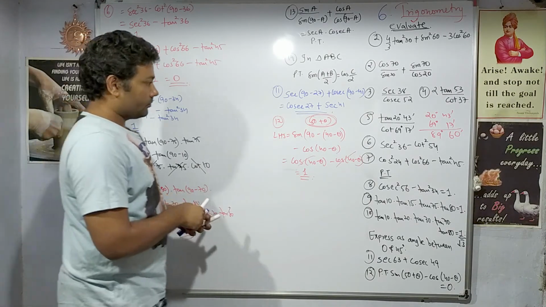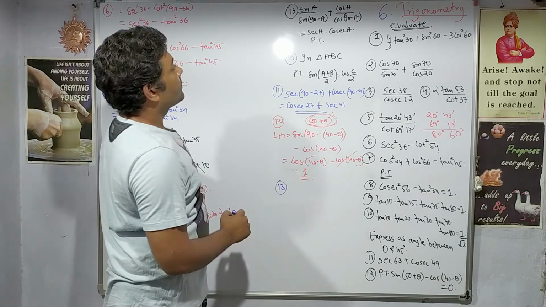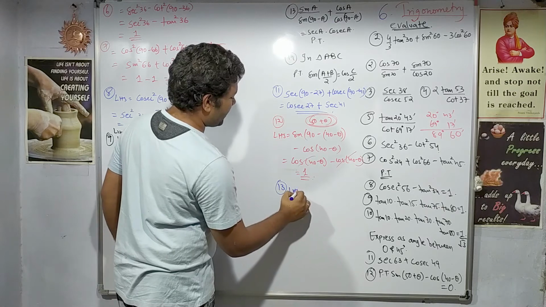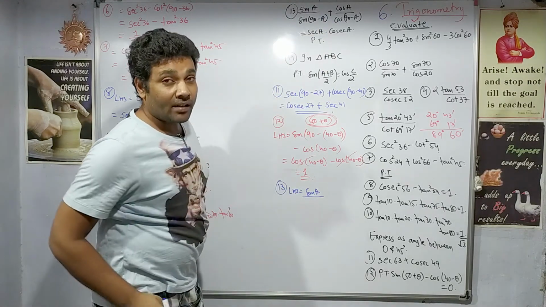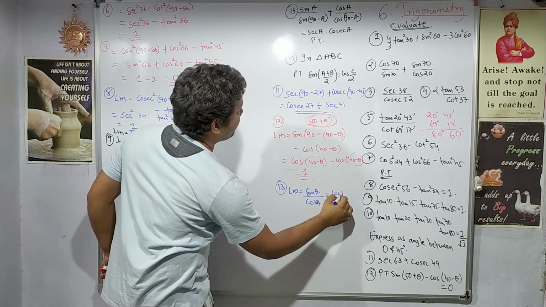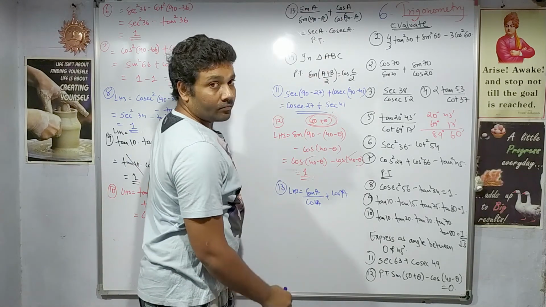13th question. Prove that, right? So taking LHS, sin A as it is. What is sin 90 minus A? Cos A. Then what is cos 90 minus A?